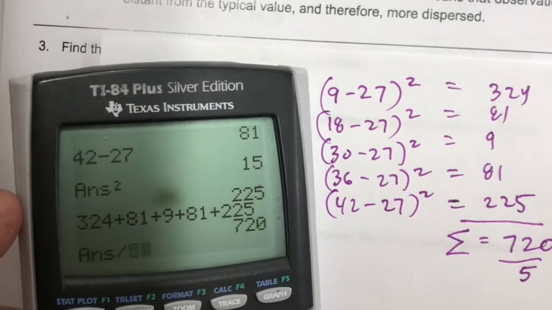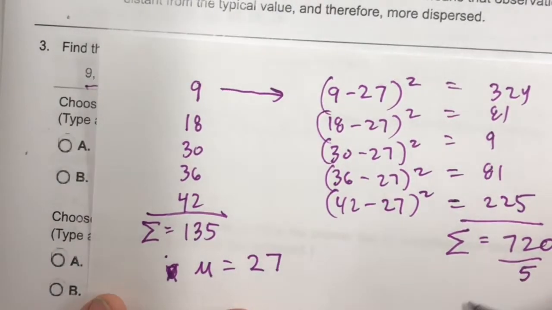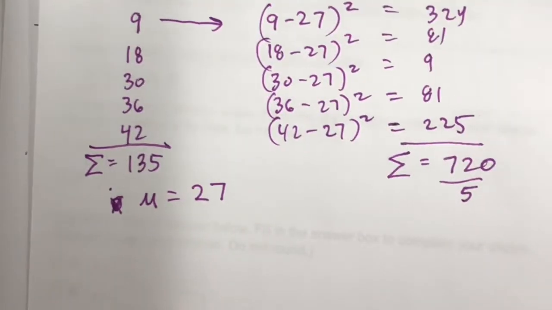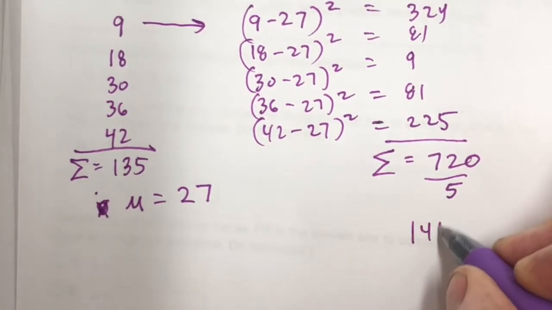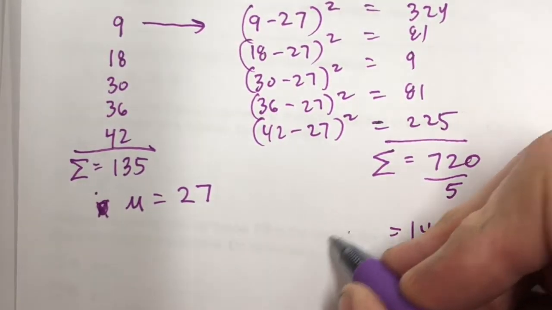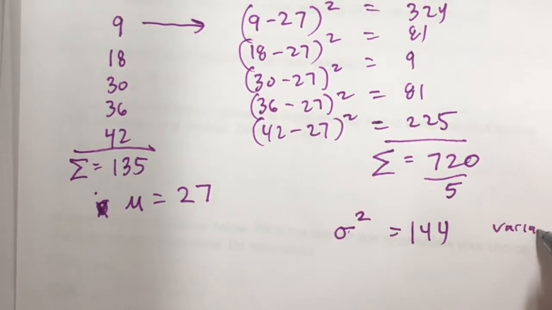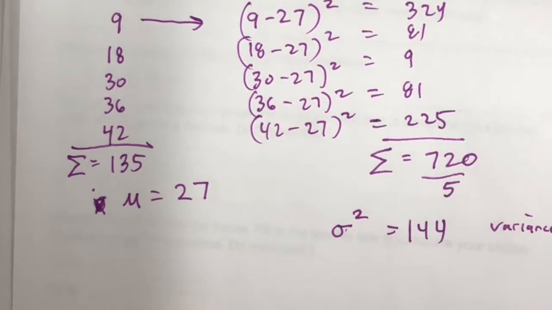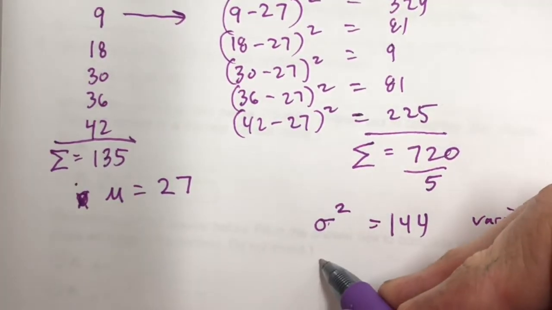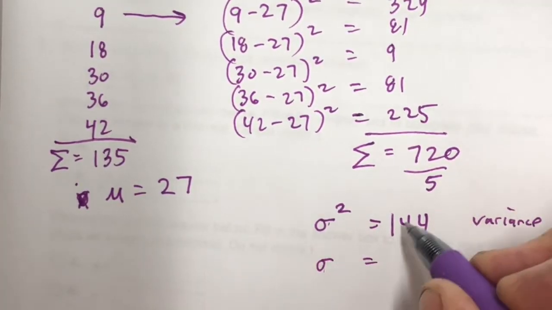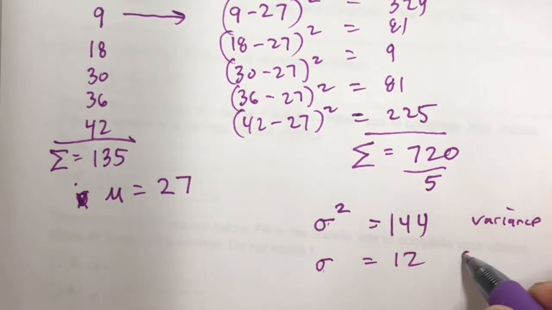Let's check, make sure. Yep, 144. So when I divide by 5, I get 144, and that is sigma squared. This is my variance. And now sigma, which is my standard deviation, is the square root of that, which is 12.